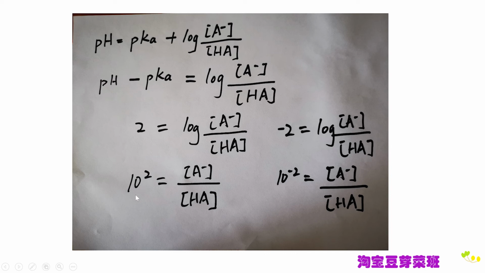On the left side, it's 10 to the power of 2 equals the ratio of ionized form divided by unionized form. So we know the concentration of the ionized form of the weak acid is 100 times larger than the concentration of the unionized form.